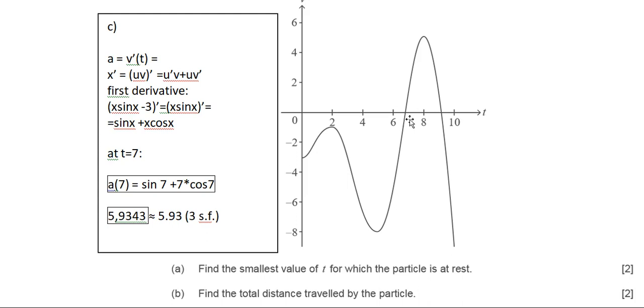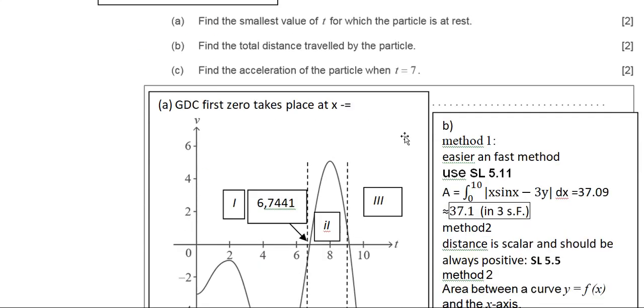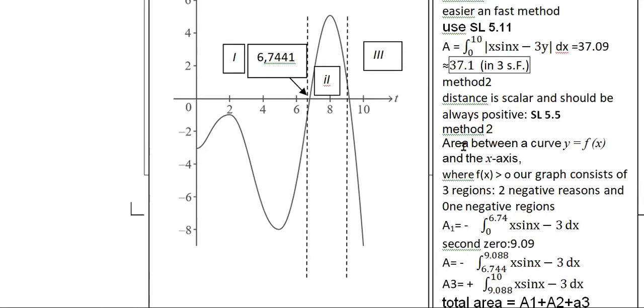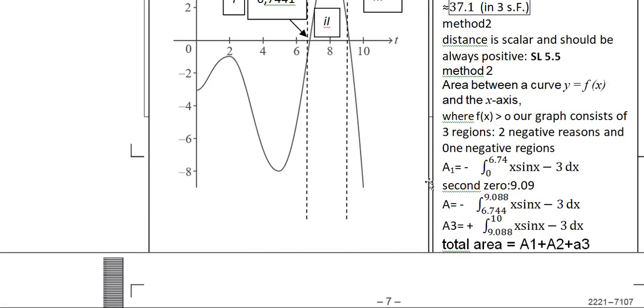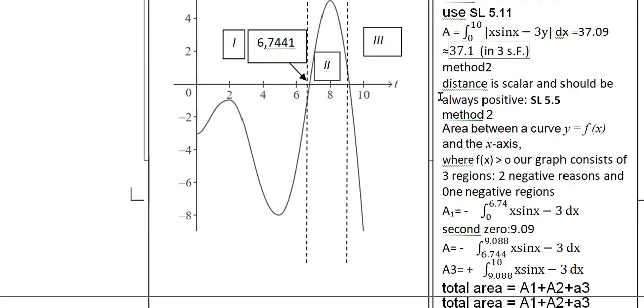Find the total distance traveled by the particle. There are different ways to solve. You can divide into 3 parts, but you can use the formula of the area of the function between the boundaries. You get this value.